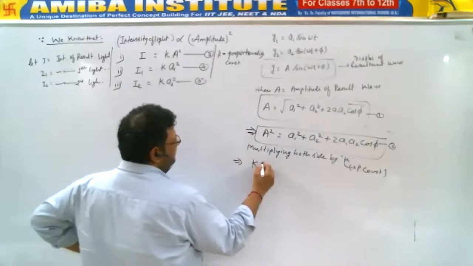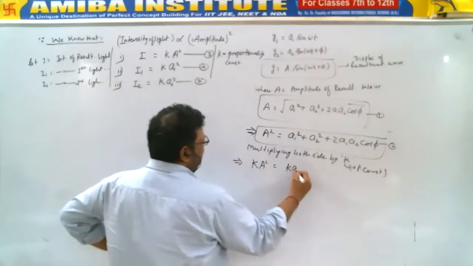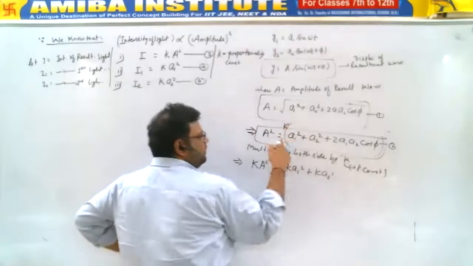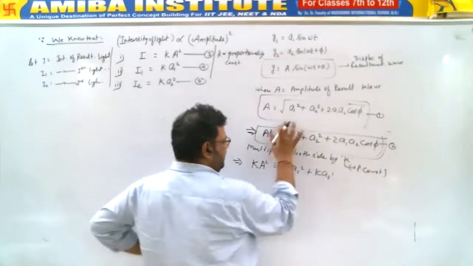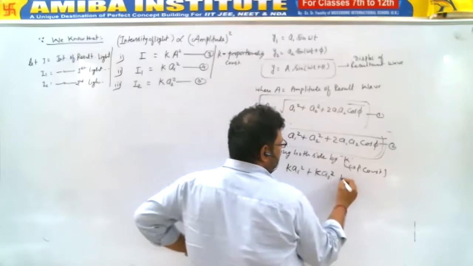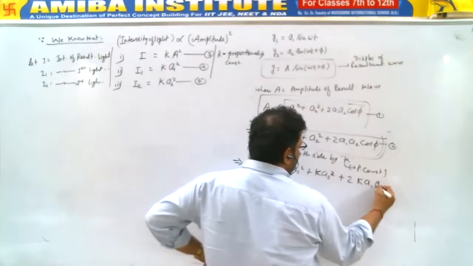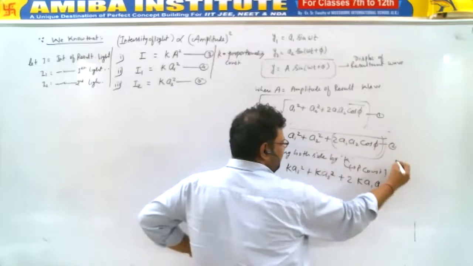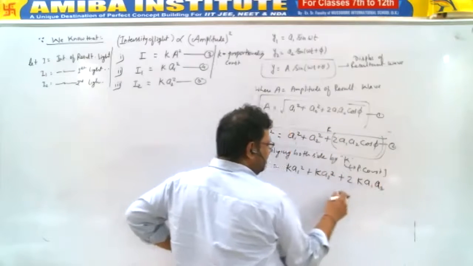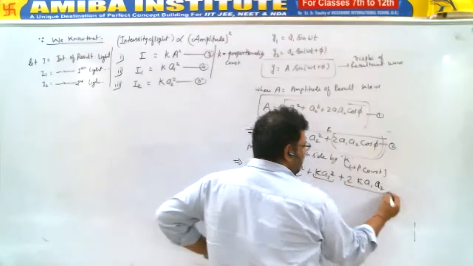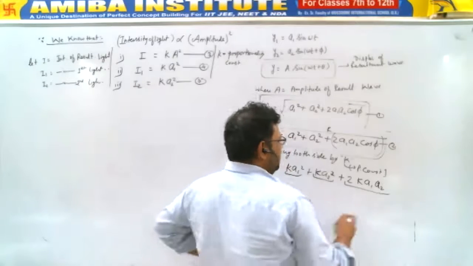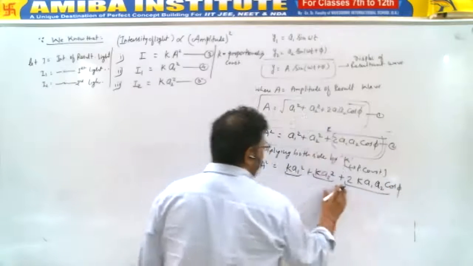If I multiply both sides, then K is multiplied with each and every term, so I get K A1 square plus K A2 square plus 2K A1 A2 cos phi. Don't forget, here only K is being multiplied, so don't put it as K1 into K2. Each term means the things which are separated by either plus or minus are known as terms.